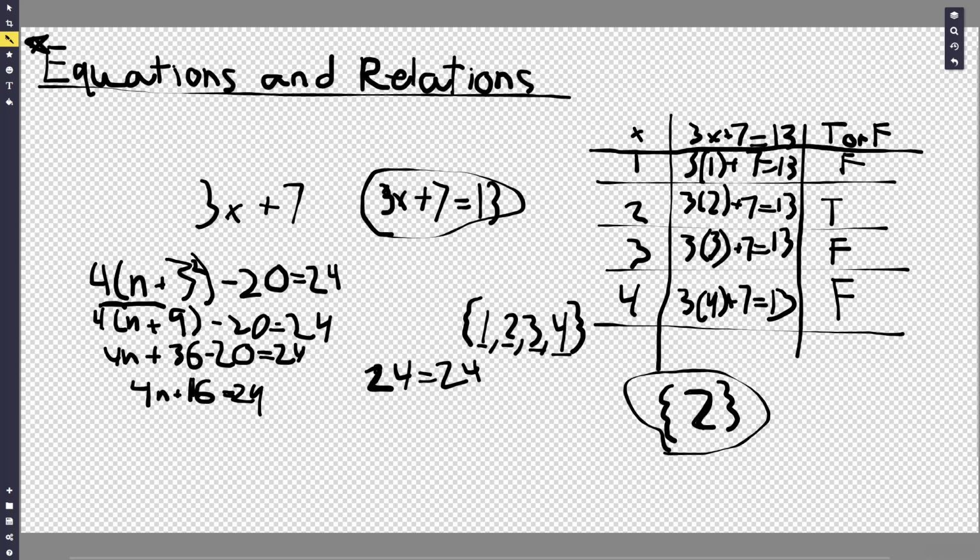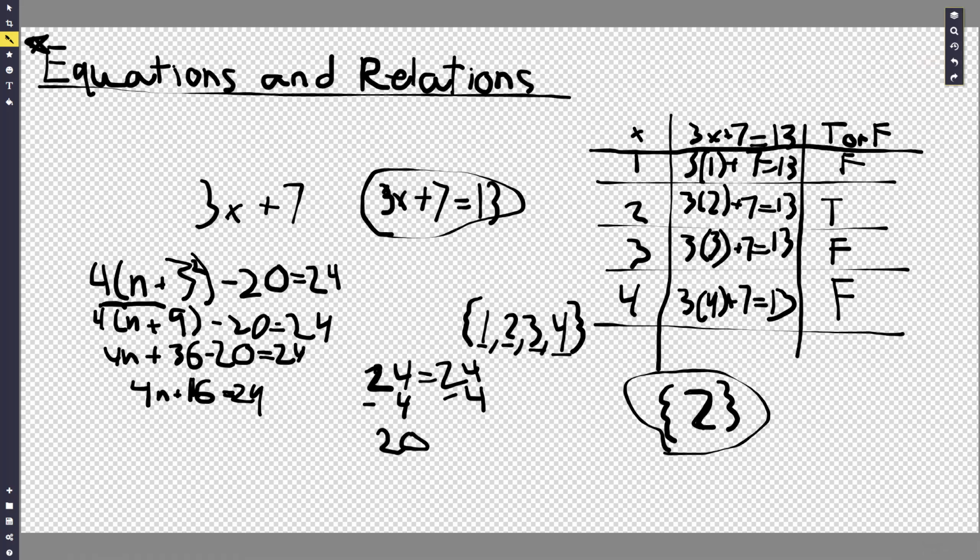Well, I want to make this side 20. So I could subtract 4, right? But that would make it 20 is equal to 24. But if I subtract the same amount on this side, so I subtract 4 on this side, it's still equal. So we can subtract 4 on both sides, and we get a true statement.